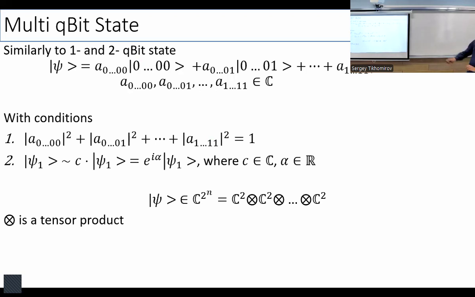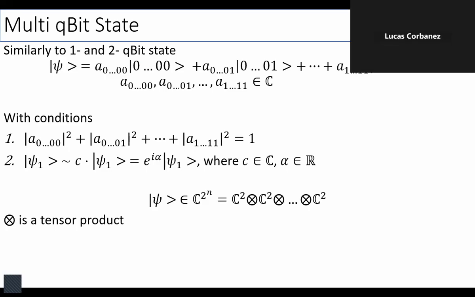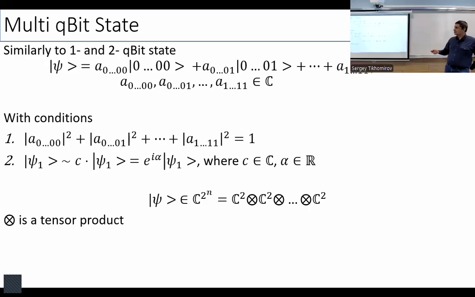We have a long vector, so it belongs to a linear, exponentially large dimensional space with the notation of tensor product and with two conditions. I strongly recommend ignoring the second condition.